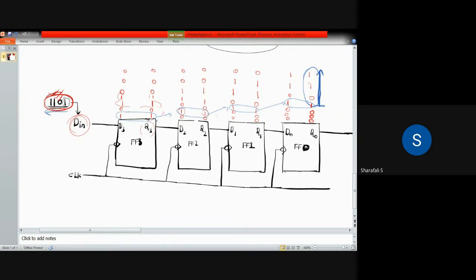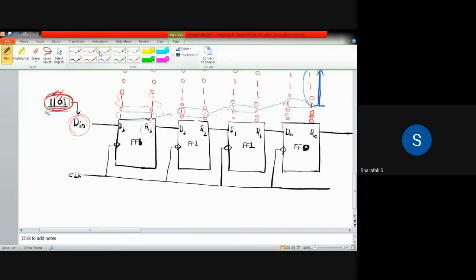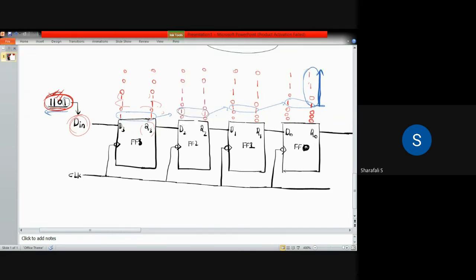As you can see in the fourth one, 1 2 3 4, at the fourth cycle of your clock pulse itself, you have one here, then the next one here, 0, then 1. So this is stored in this particular register.